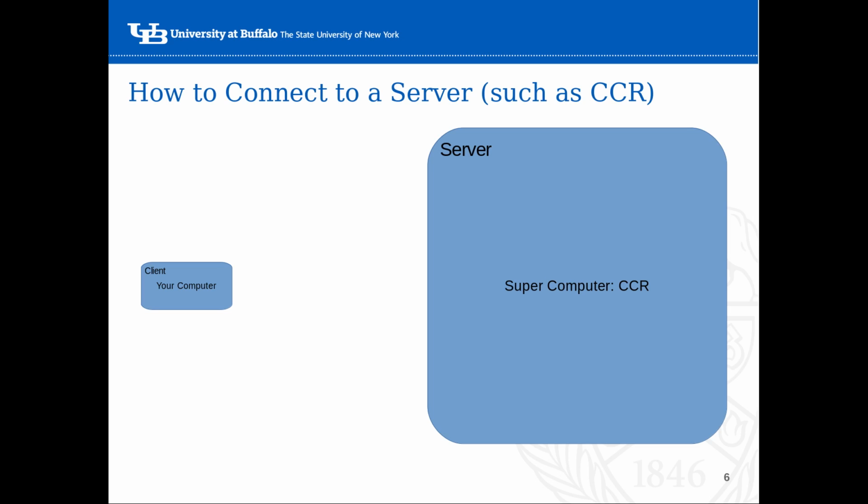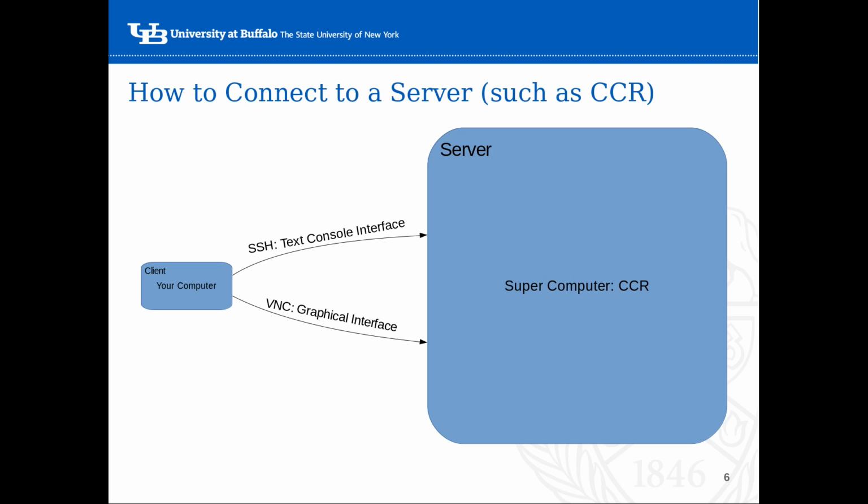And there are several ways to connect from your own computer to the server. One way is called SSH. It will provide you a text console interface. That means once you connect to that supercomputer using SSH, it will give you a text console, and we will see that later. There's another way called VNC.